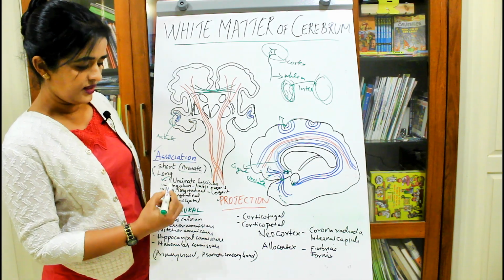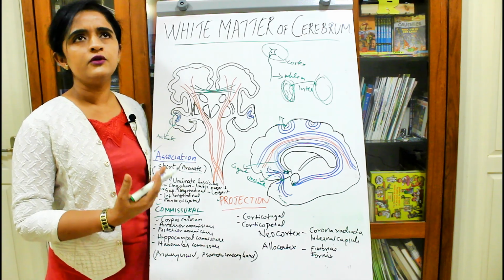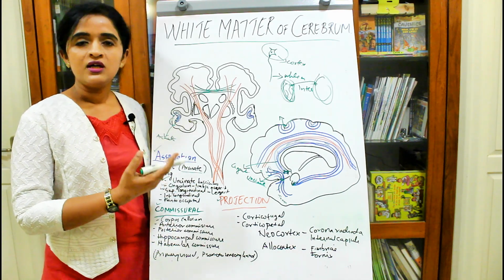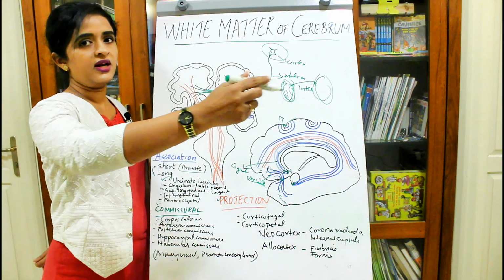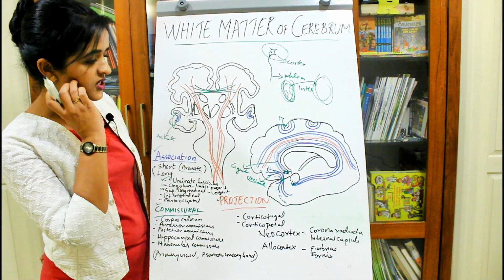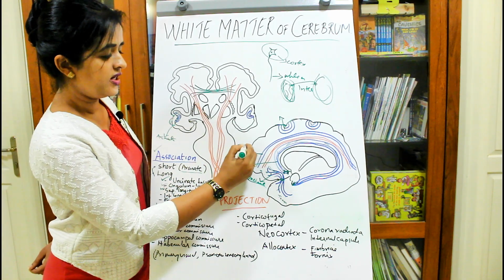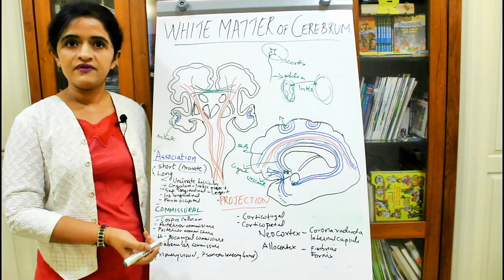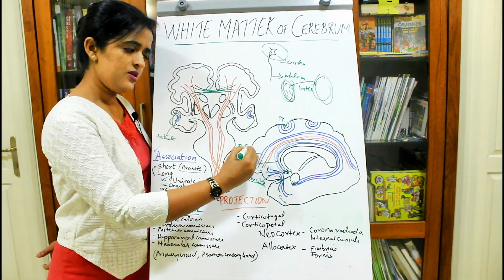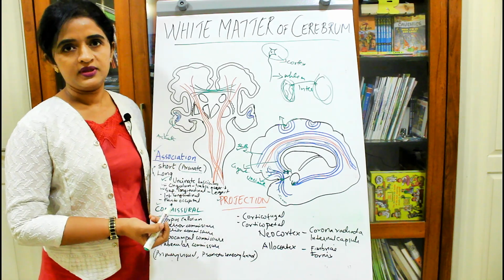Now the third one is the superior longitudinal fasciculus. From the term itself, you know that it is superiorly seated. Longitudinal means it is along the length of the cerebral hemisphere. So out of the fibers mentioned here, this will be the superior longitudinal bundle or superior longitudinal fasciculus, and this is said to be the longest of the association fibers.